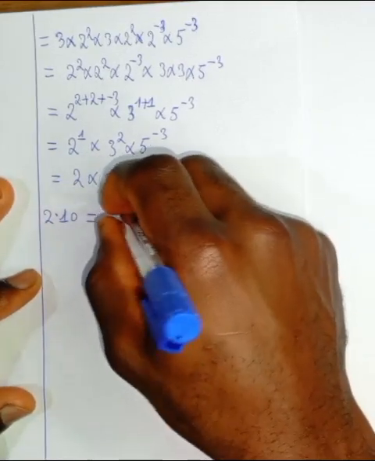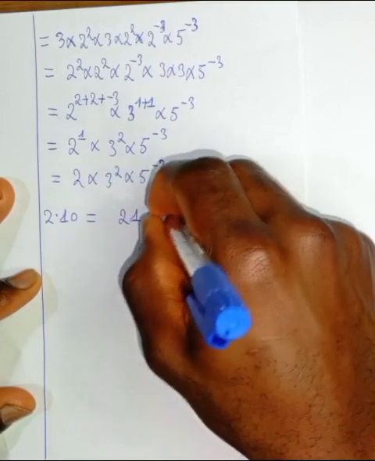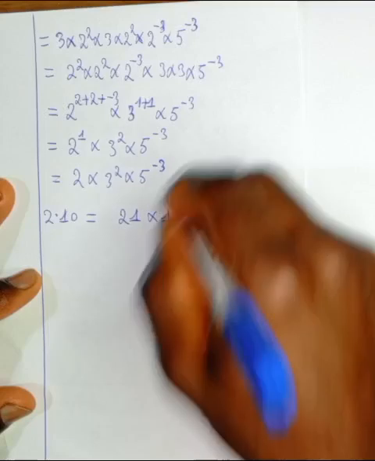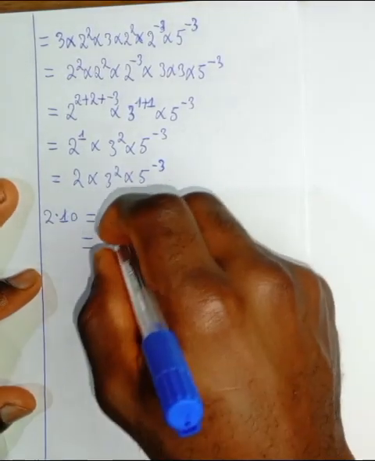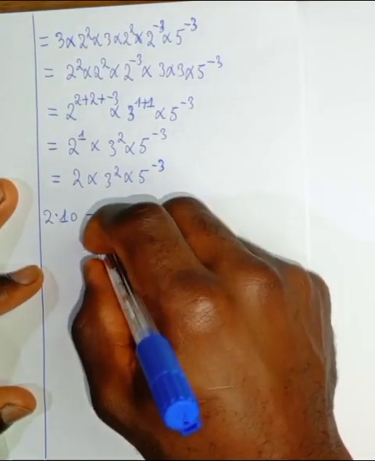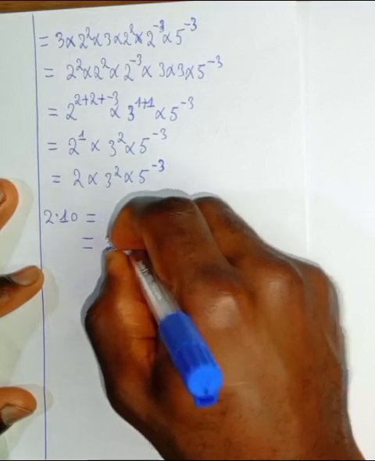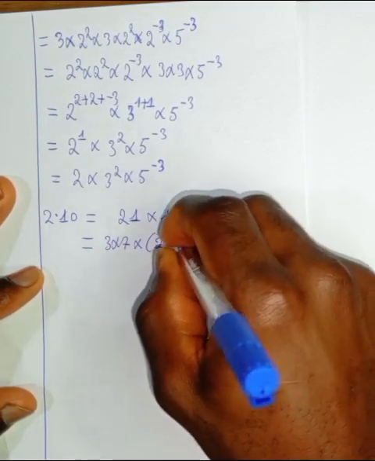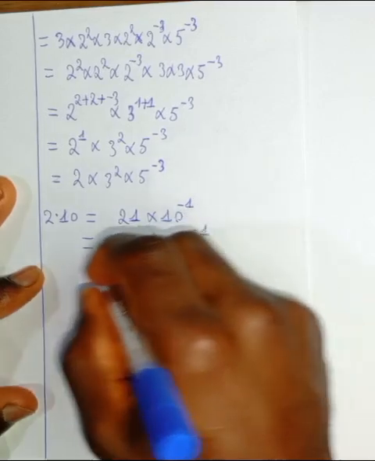We can express this as 21 times 10 raised to the power negative 1. The prime factorization of 21 is simply 3 times 7, times the prime factorization of 10, which is simply 2 times 5. We raise this to the power negative 1.